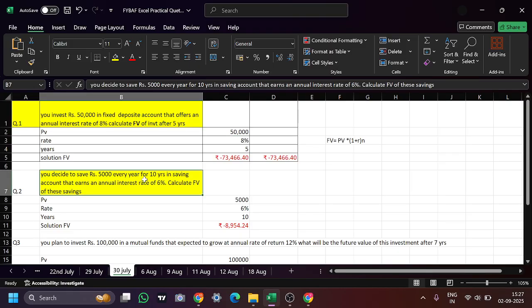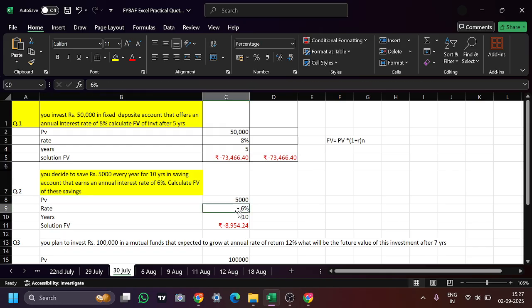The next question says that you decided to save 5,000 every year for 10 years in a savings account. Now 5,000 is the present value, 10 years is the number of periods, and the annual rate of interest is mentioned as 6%.